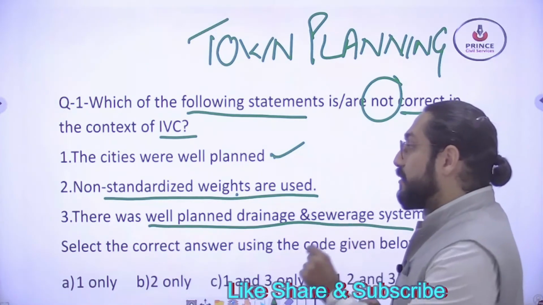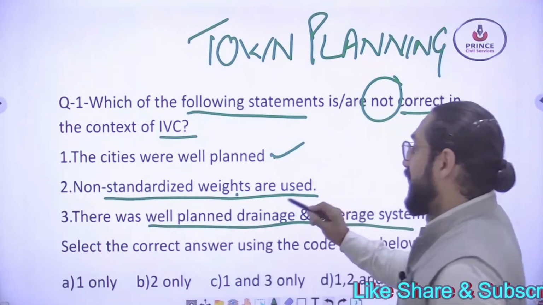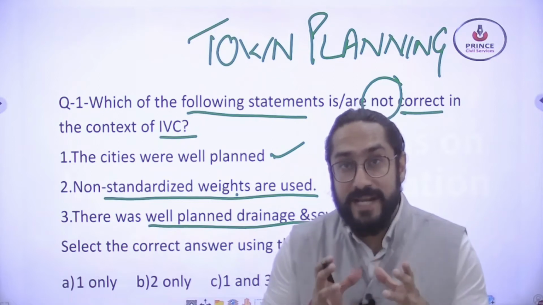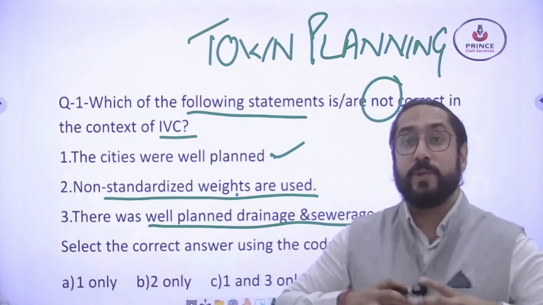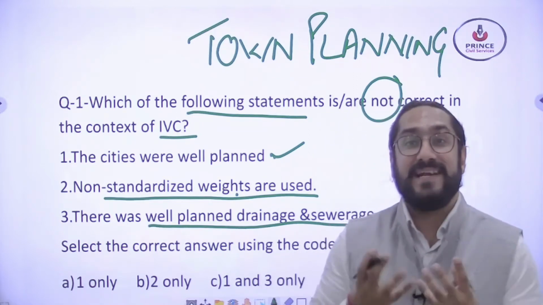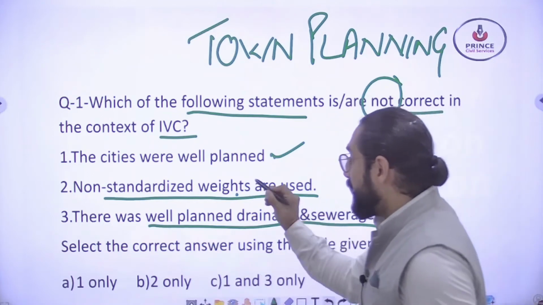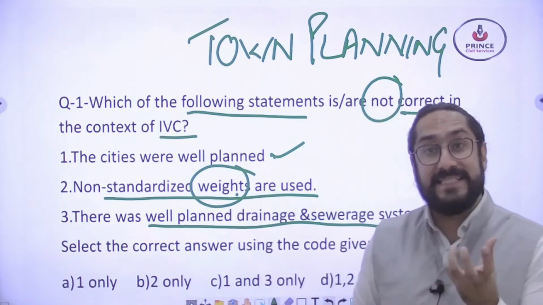Now statement number 2, non-standardized weights are used. Friends, this is a very important point: there was uniformity and standardization in all aspects. With respect to weights, they had standard weights.